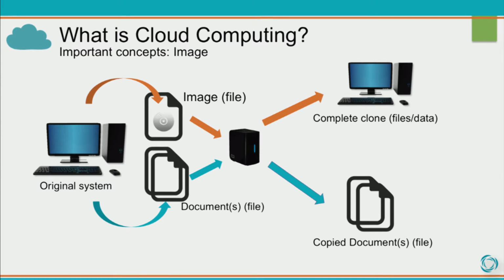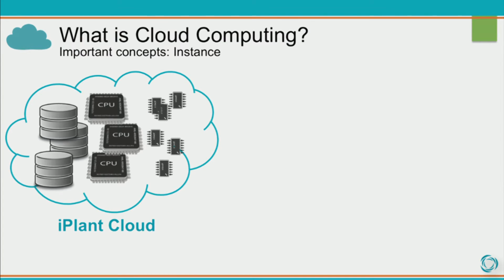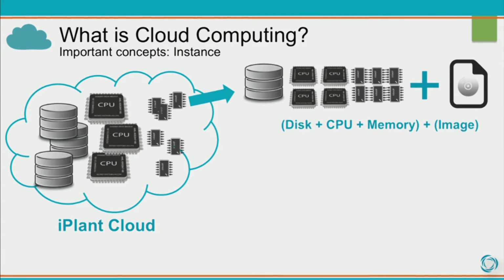The second piece of terminology is instance. Okay, so in the iPlant cloud, we have hard drives, we have CPUs, we have memory, and when you come to Atmosphere to use the cloud, you're going to ask us for a certain amount of this. Maybe you know how much hard drive space you're going to use, how many CPUs you need, how much memory, and then you're also going to need an image, and your image is going to be, for example, a Linux system that has a certain software installed, maybe even has some data sets installed.